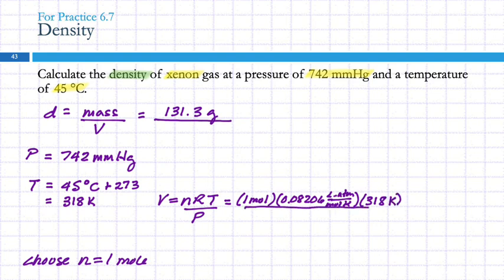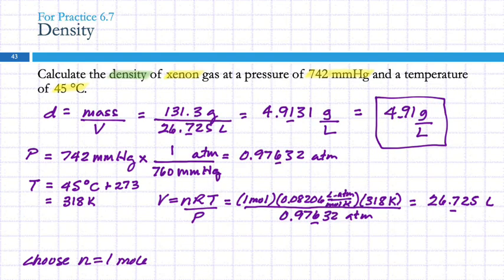And then we'll divide by the pressure. Can we use millimeters of mercury? No, we can't. The solution seems kind of messy, a lot of steps, but using that other equation is not going to be much simpler, but it definitely works. Any other questions?